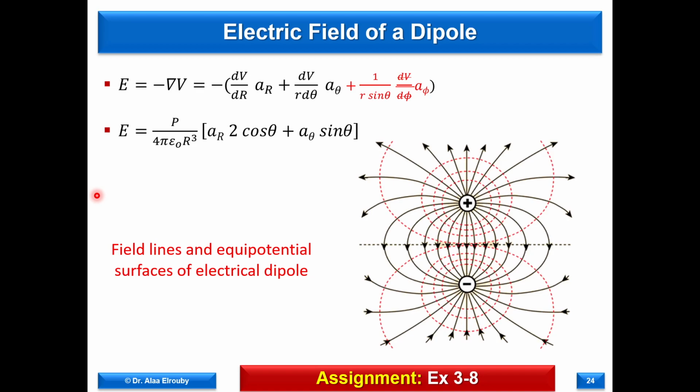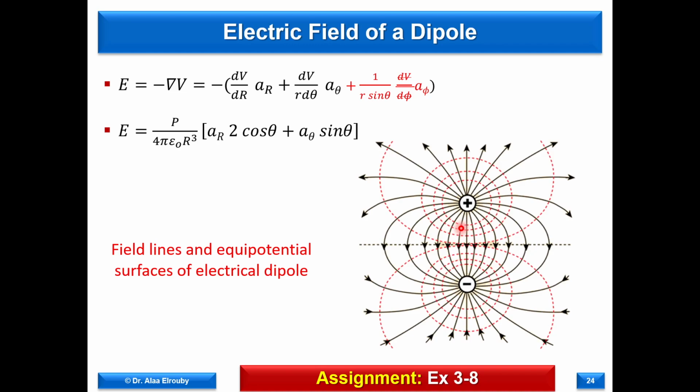So this is another way of solving the same problem, and here we are showing the field lines between the positive charge and negative charge, and the equipotential surfaces, which are those red dotted lines. You will find that the electric field is always perpendicular to those lines of equipotential, and actually those are not just lines, they are surfaces.